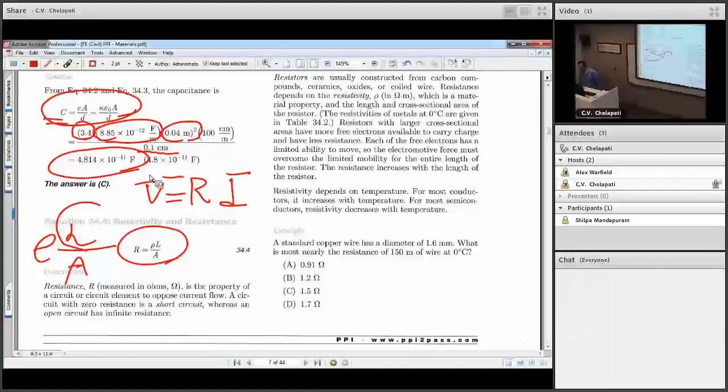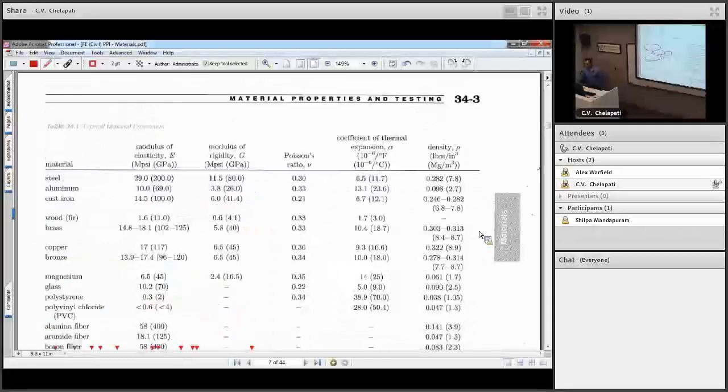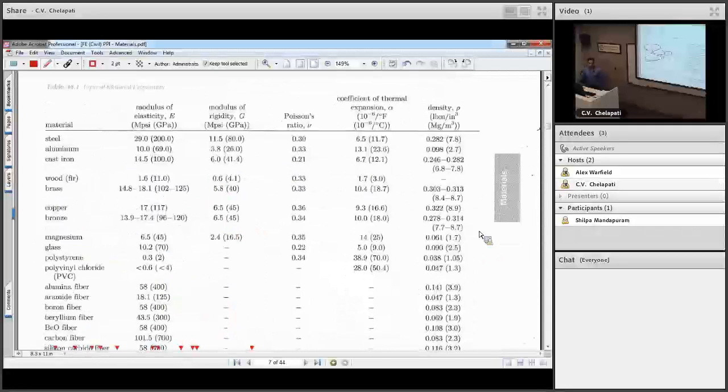So you simply use the equation to find the capacitance: epsilon multiplied by A divided by D. This can also be found in your equation book, but it's a simple equation to memorize without even having to go through the equation book.